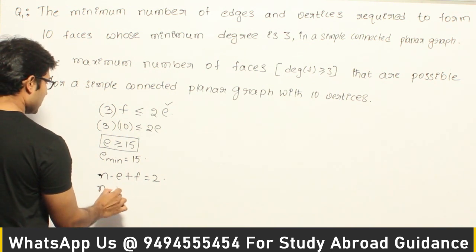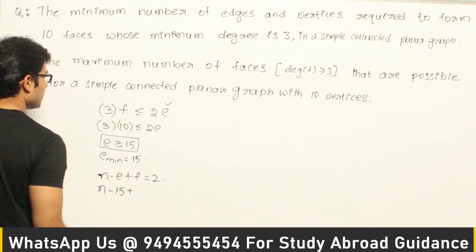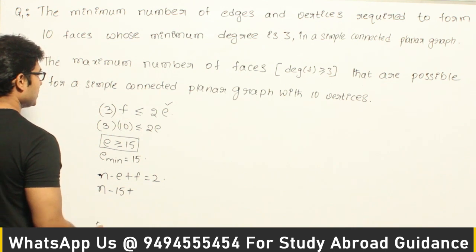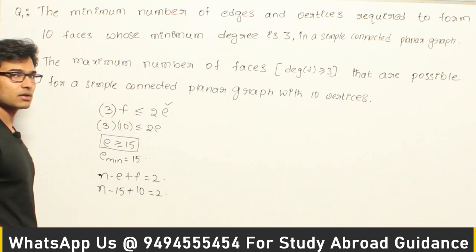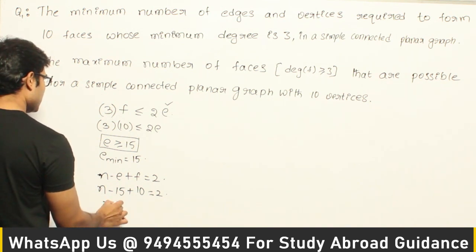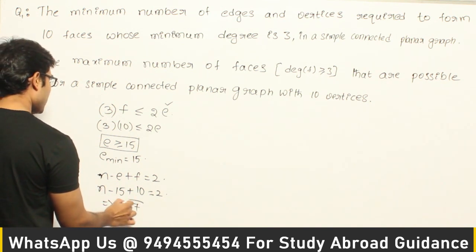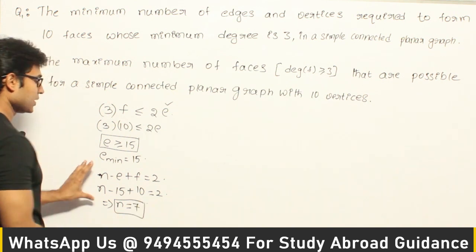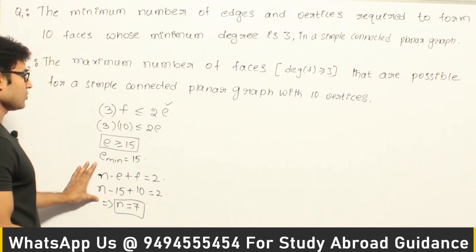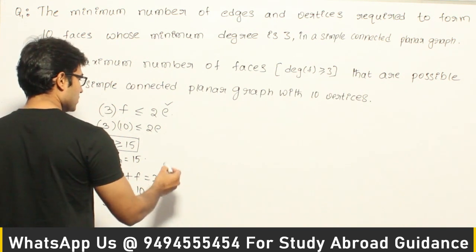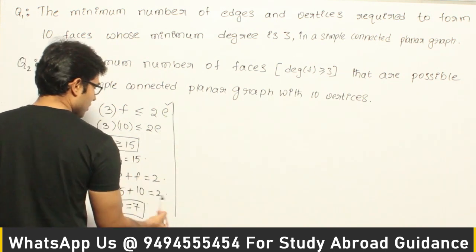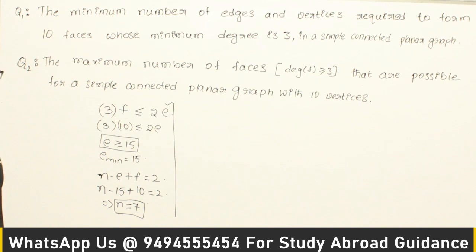So n minus 15 plus F, what is F? F is given as 10, equal to 2, right? So that implies n is going to be 7. So either you can use this equation and you can get this, or since they are talking about the minimum number of edges, you could also have used the other inequation that we have derived in the earlier video, right? Anyway, you are going to get the same answer.